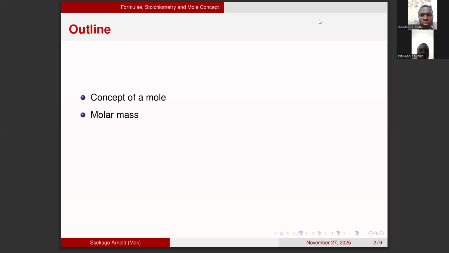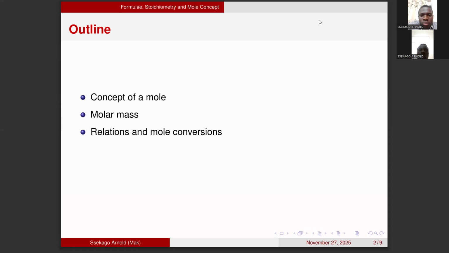Then we shall also look at molar mass of different compounds, which is also related to formula mass. Then we shall look at relations and mole conversions. Here we can look at converting from mass to moles, moles to particles, moles to volume.